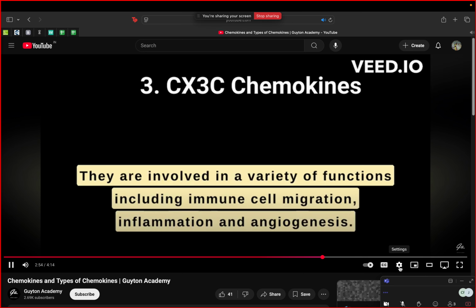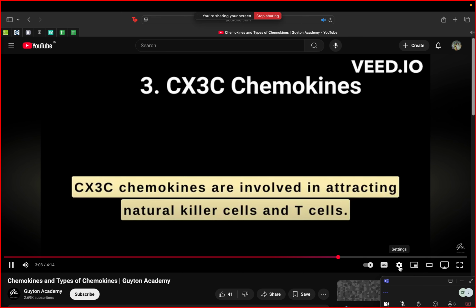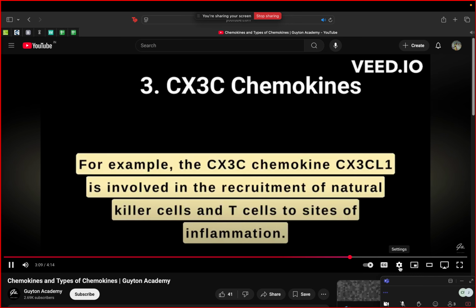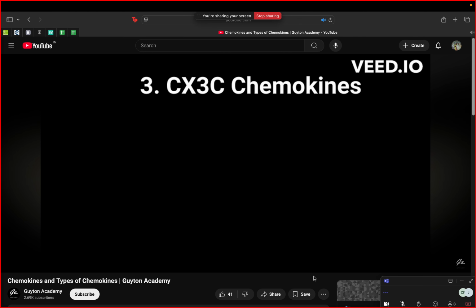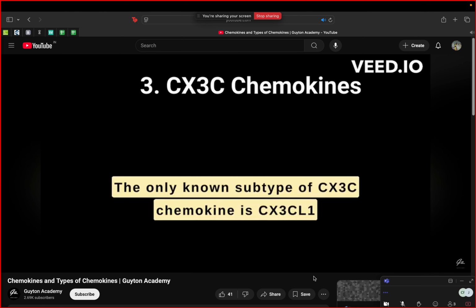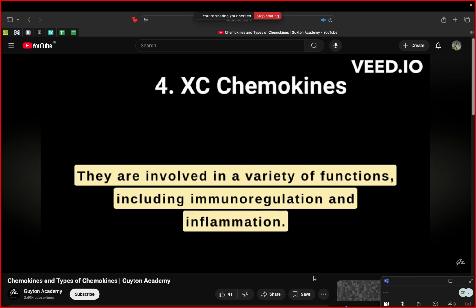3. CX3C chemokines. They are involved in a variety of functions, including immune cell migration, inflammation, and angiogenesis. CX3C chemokines are involved in attracting natural killer cells and T cells. For example, the CX3C chemokine CX3CL1 is involved in the recruitment of natural killer cells and T cells to sites of inflammation. The only known subtype of CX3C chemokine is CX3CL1. 4.